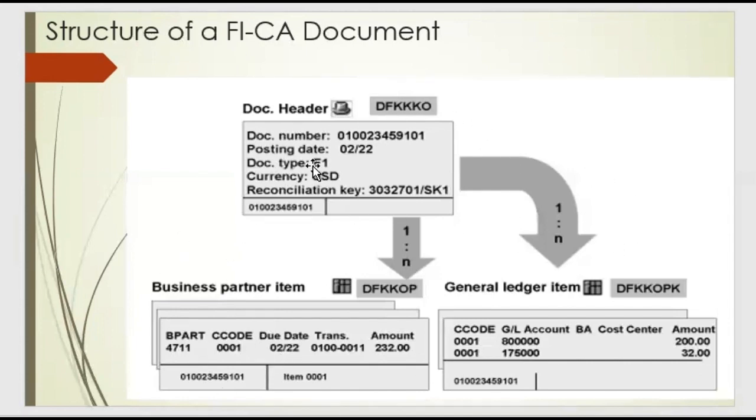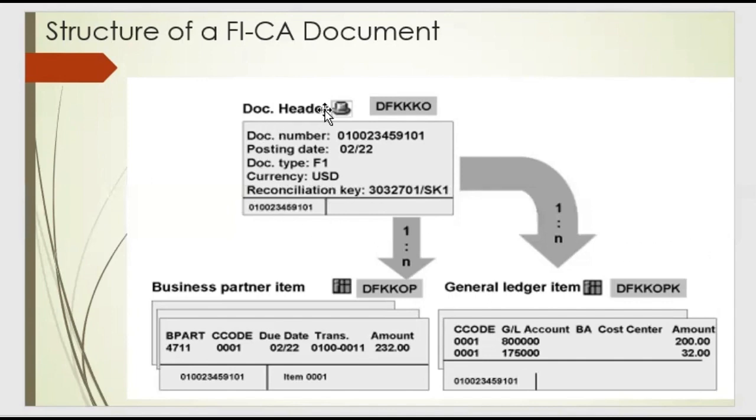We can see here there are headers, there are business items, and it goes to a table called DFKKOP. And when it goes to the general ledger item, it will come to DFKKOPK. That means when the item is open, it is in a separate table. When it is posted, it is in a separate table. And all these details need to be put in a simplistic way.